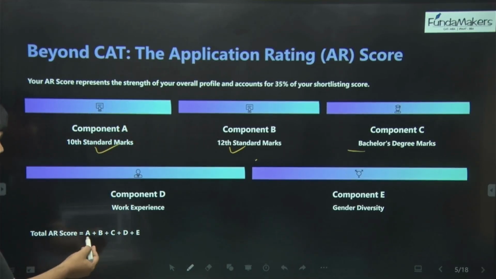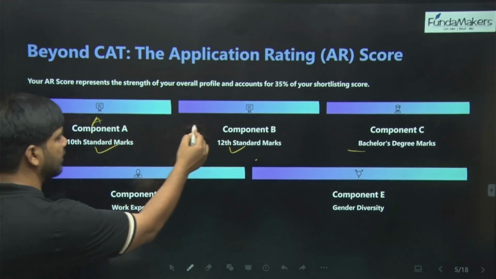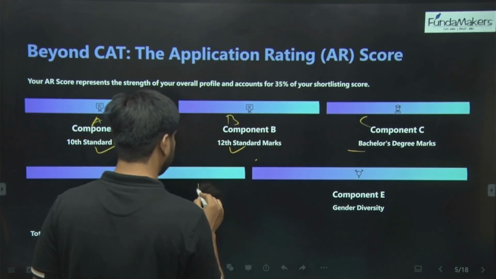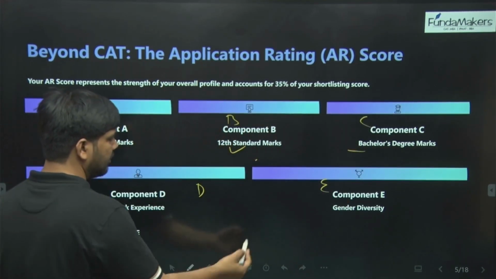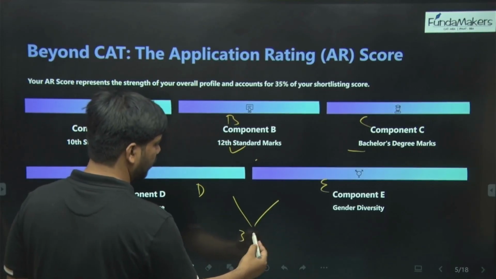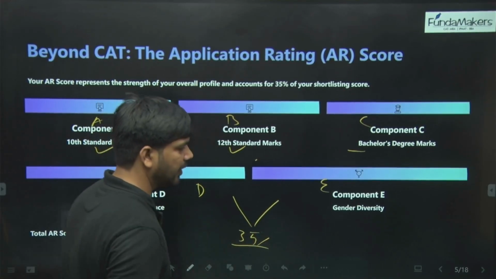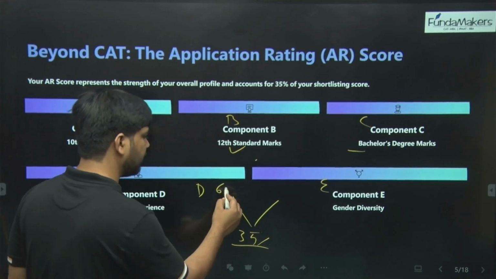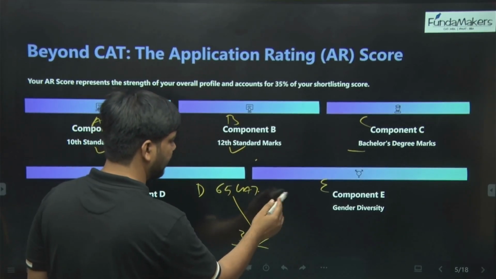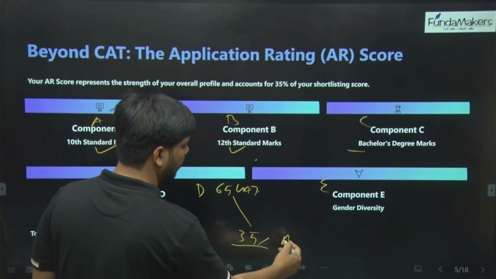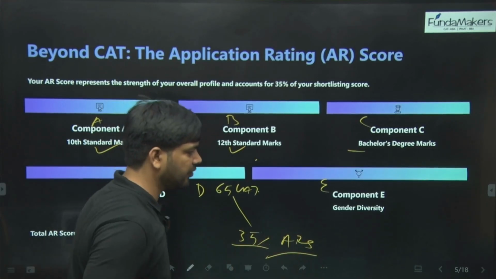So basically we are looking at A, B, C, D, and E, these 5 components. These 5 components together account for around 35% of the weightage, right? So 65% to your CAT and 35% to your application rating score, right? This is how it is.